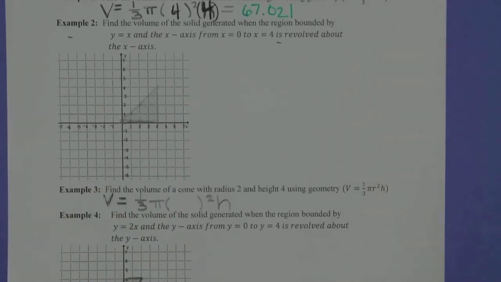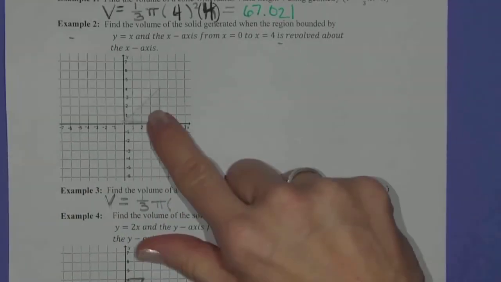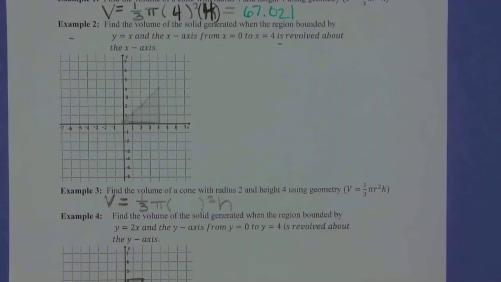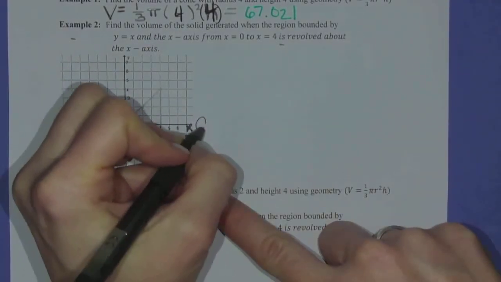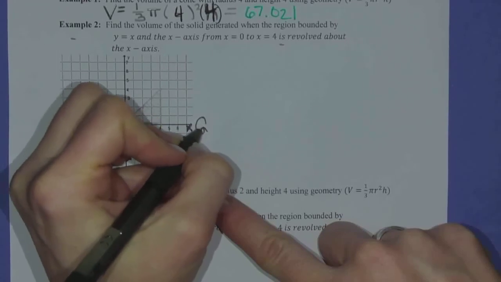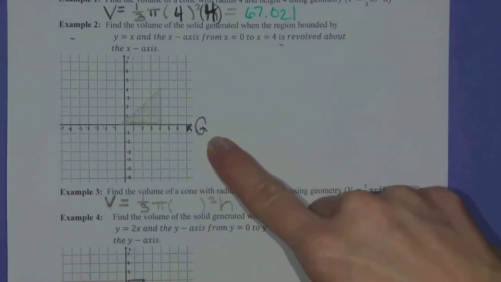Now, what we're going to do is spin or revolve this region around the x-axis. So here's the x-axis. I'll often draw myself this little shape, like a little loop-de-loop with an arrow, just to show that I'm spinning around the x-axis.